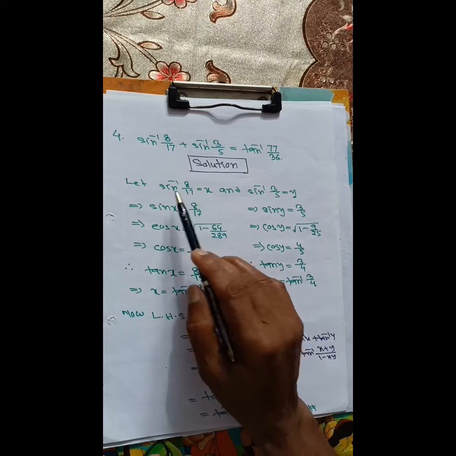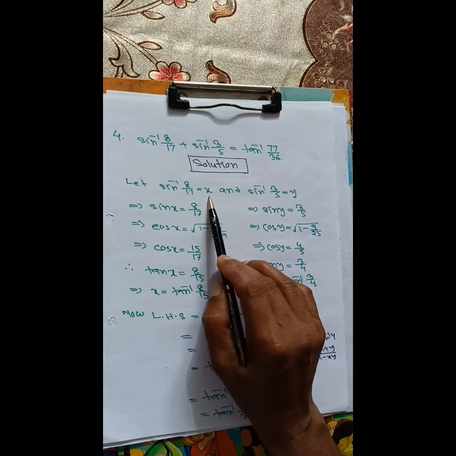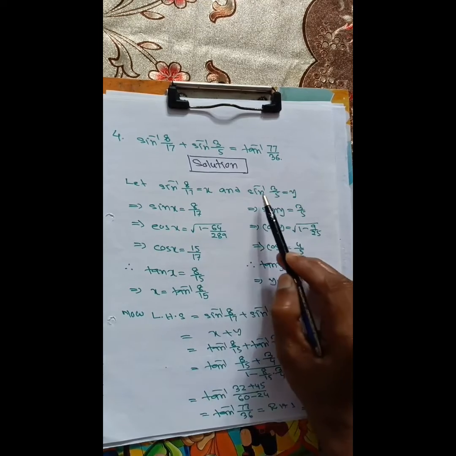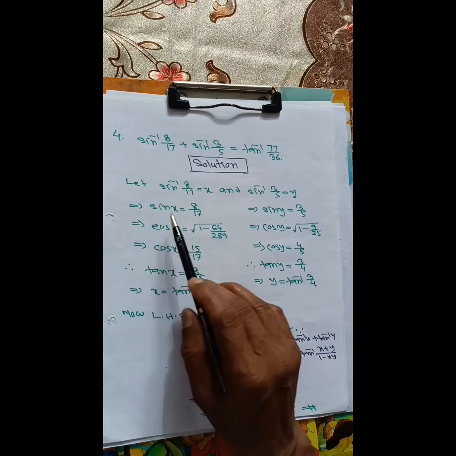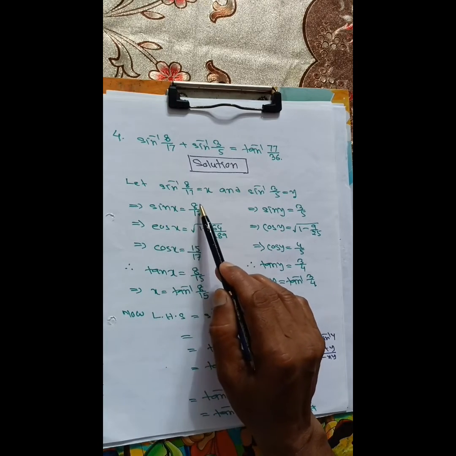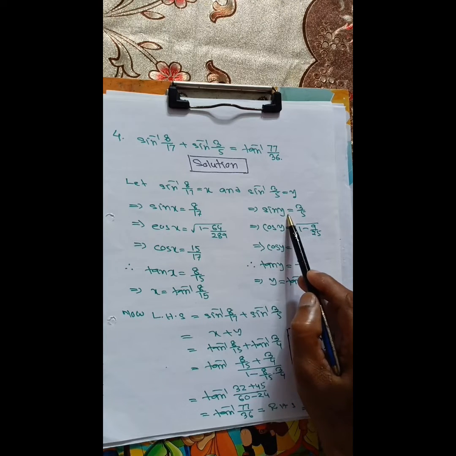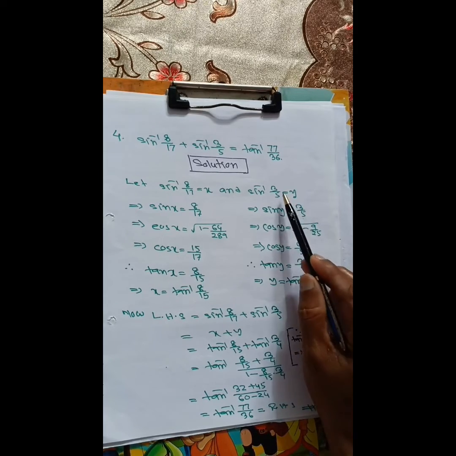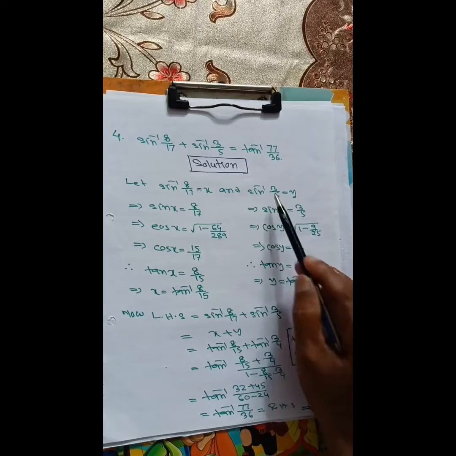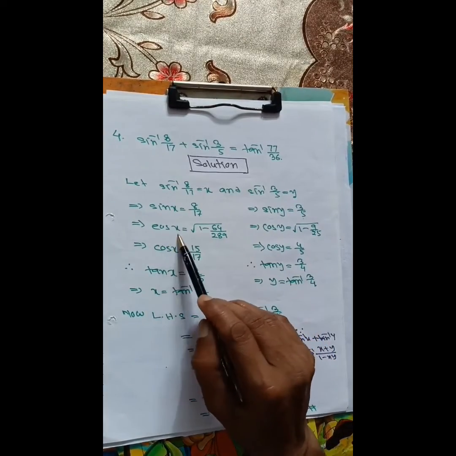First we have to take sin inverse 8/17 equal to x and sin inverse 3/5 equal to y. This implies sin x is equal to 8/17 and sin y is equal to 3/5. Now we find cos x.